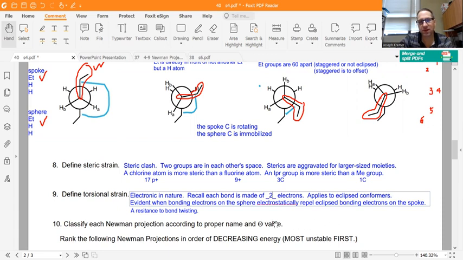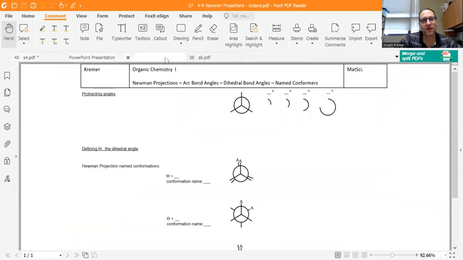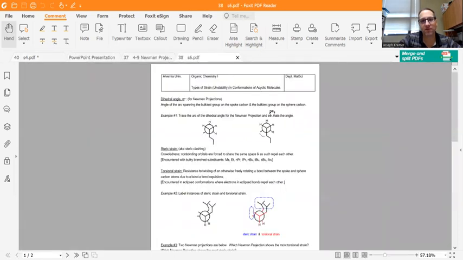Torsion applies to eclipsed conformations. This is evident when bonding electrons on the sphere electrostatically repel eclipsed bonding electrons on the spoke. So we're talking about eclipsed conformations. This is nicely indicated by a diagram, if I may find it.